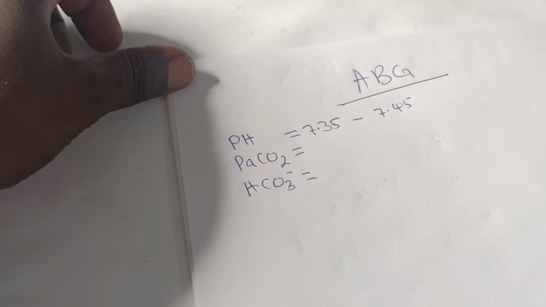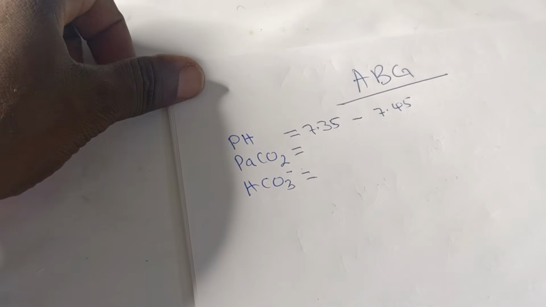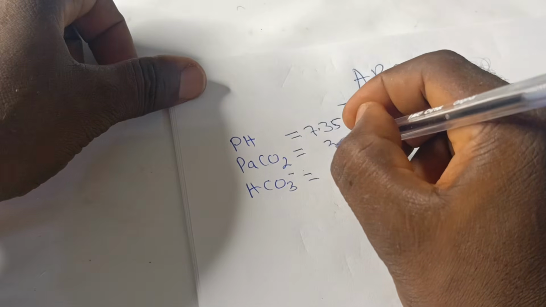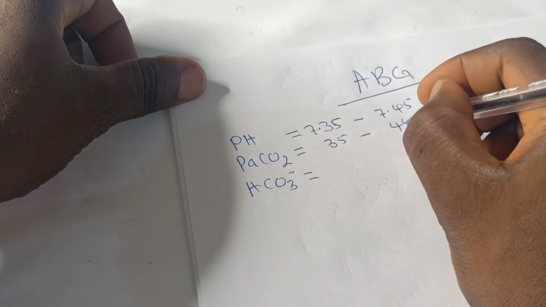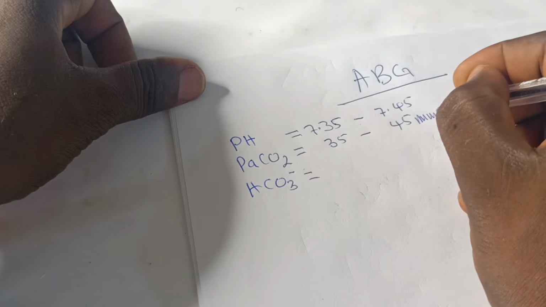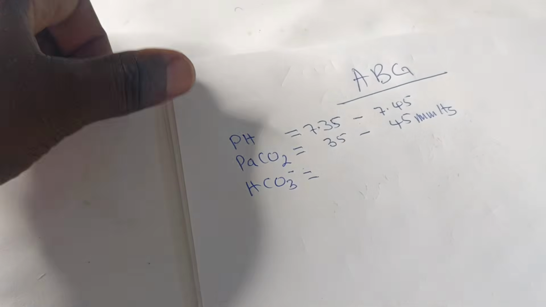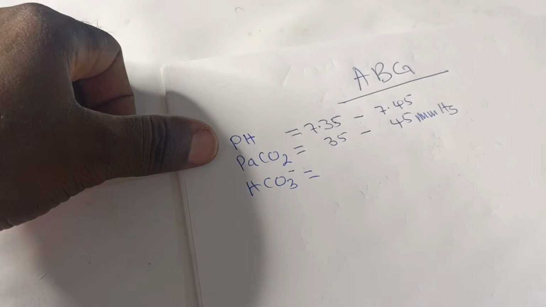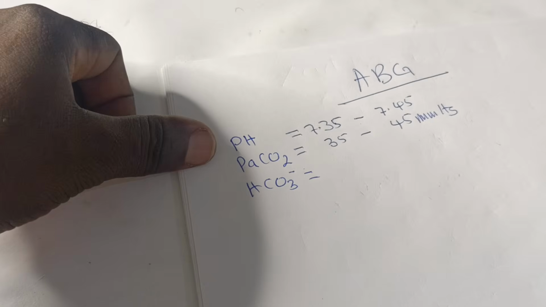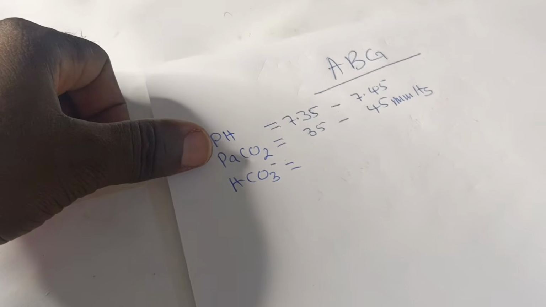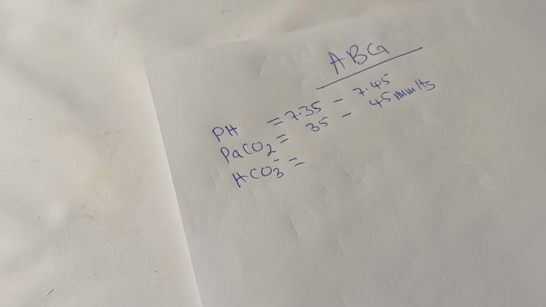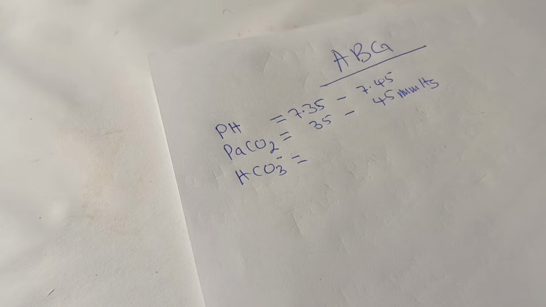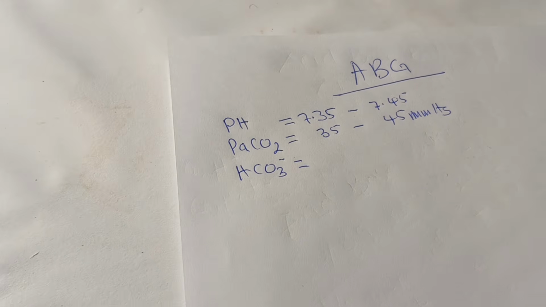Then for the partial pressure of carbon dioxide, the normal value is 35 to 45 millimeter of mercury because it is a gas. So it is measured in terms of pressure. So it's measured in partial pressure. So it's 35 to 45 millimeter of mercury.